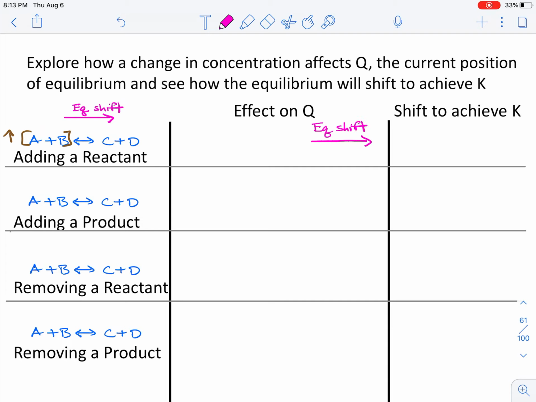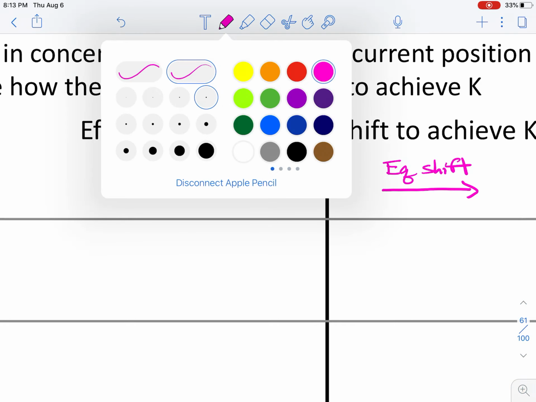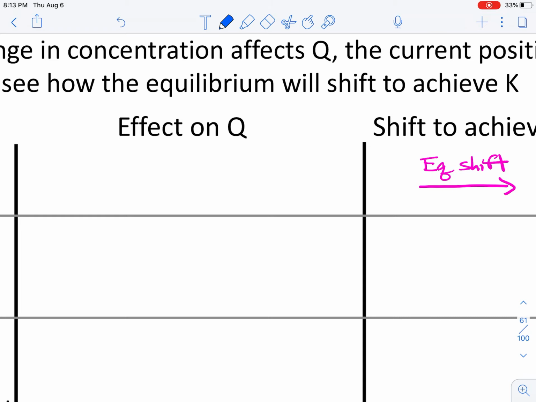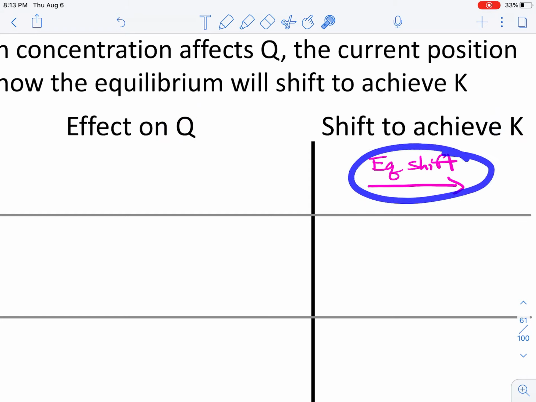So we know that to achieve the new equilibrium, it's going to shift to the right. If you wanted to compare the value of K and Q, what inequality will best represent the relationship between K and Q when the equilibrium is going to shift to the right?